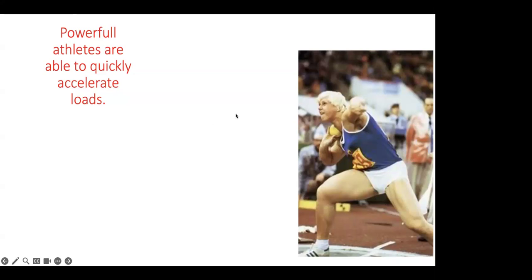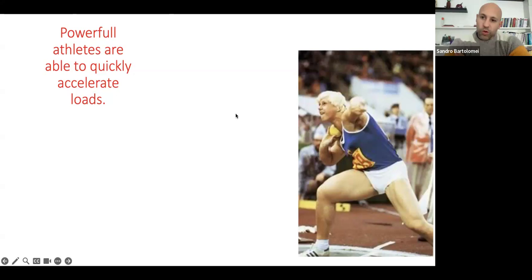Yes. Nice. So why do we need to work on maximal strength if the goal is to improve speed, or speed strength, or strength speed, or more generally power? Because some mechanisms of the production of power are the same compared to the production of maximum force.